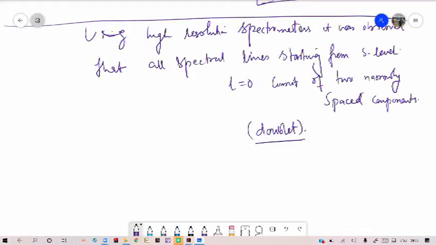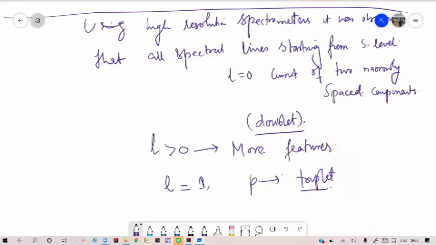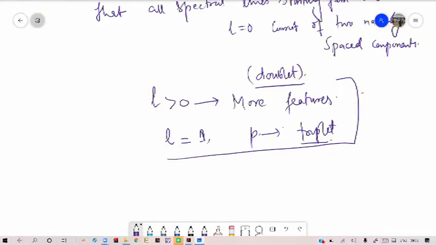But what about l greater than 0? There were more features. For example, l equal to 1, we have p, and there was a triplet. So for even higher l, more components were there, and a more complex structure was found.